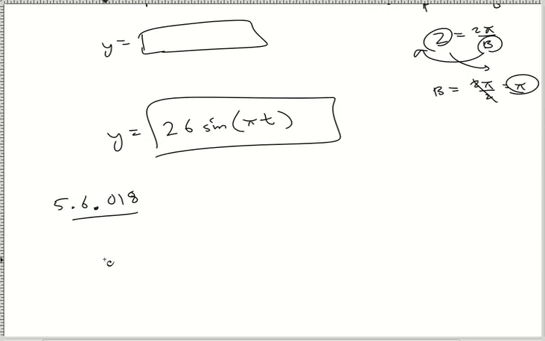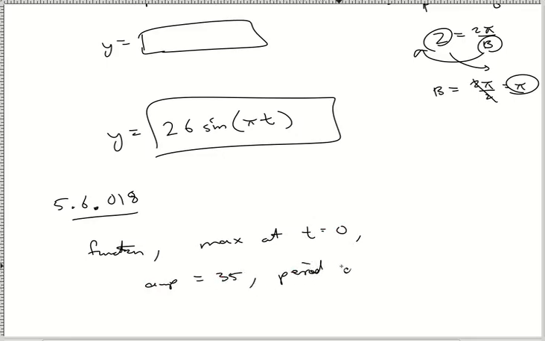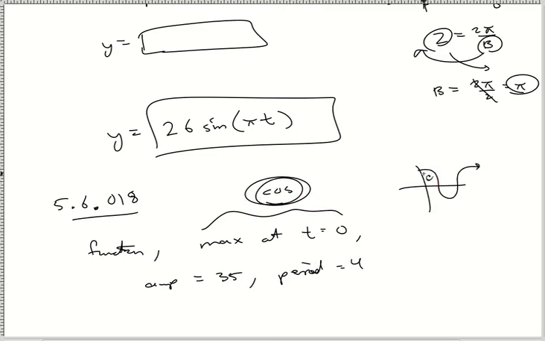56018. Find the function. Same as last time. They say this time we have a maximum at t equals 0. Amplitude is 35. Period equals 4. When they say maximum at t equals 0, they're saying cosine. Again, look at the cosine. It looks something kind of like this. So at 0, we have a maximum.